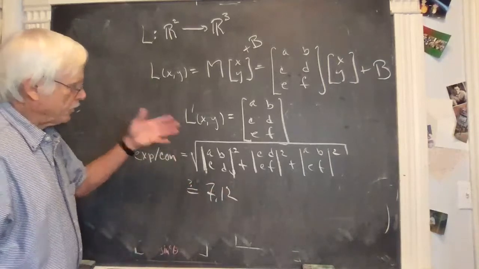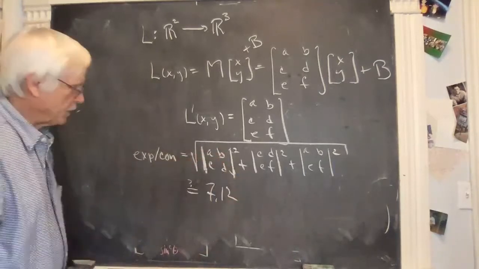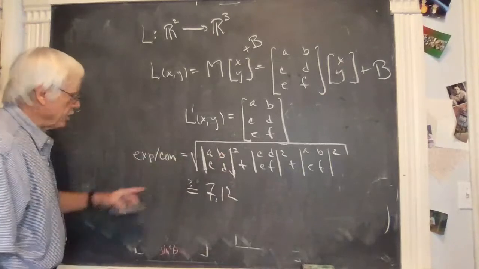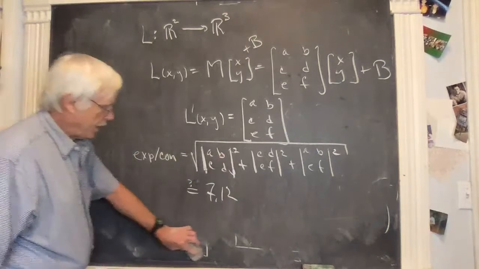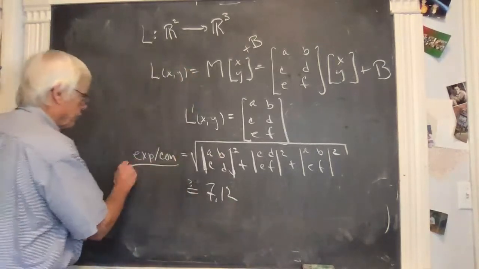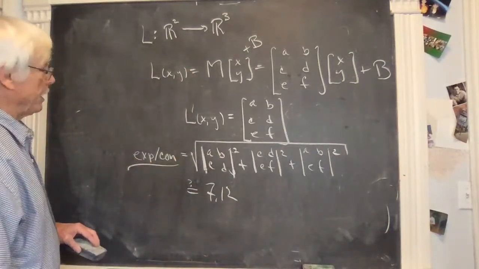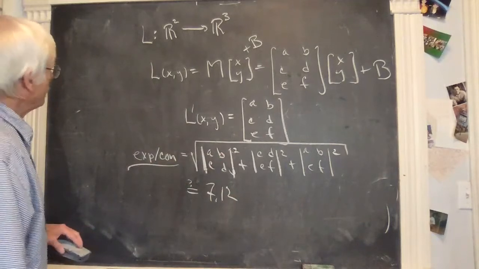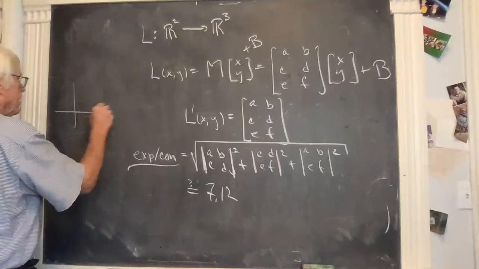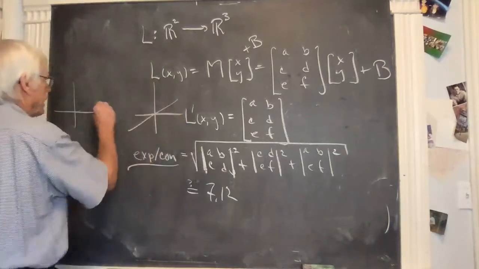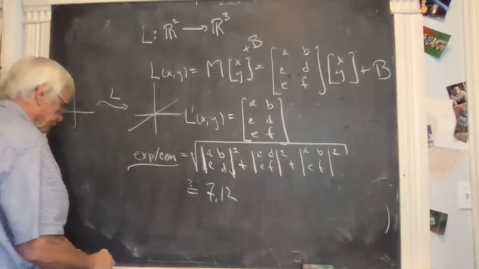And I want you to see what this number tells you, because you can see it is an expansion or contraction factor, in this case expansion. And I'd like to show you in what sense it's expanding. So here we have the plane. We're mapping into 3 space. L is our mapping.